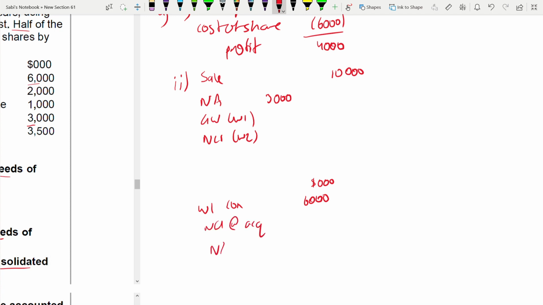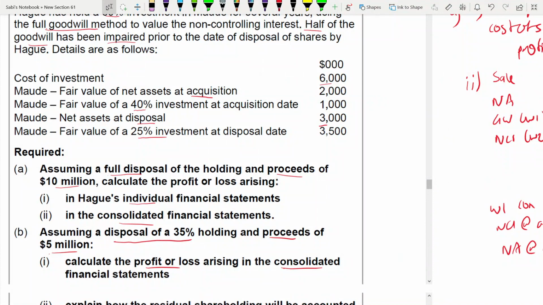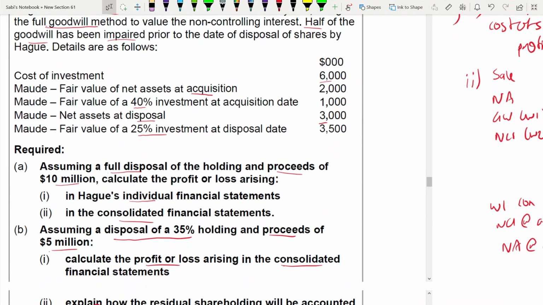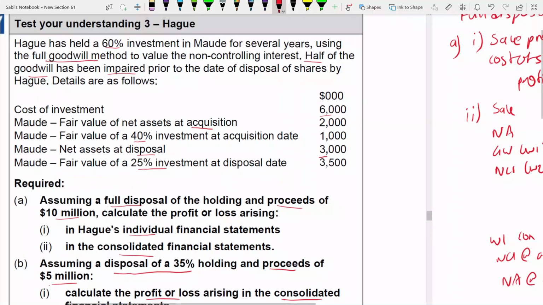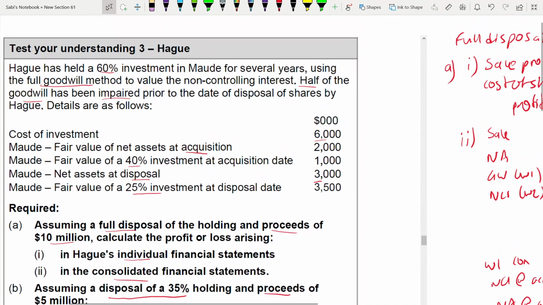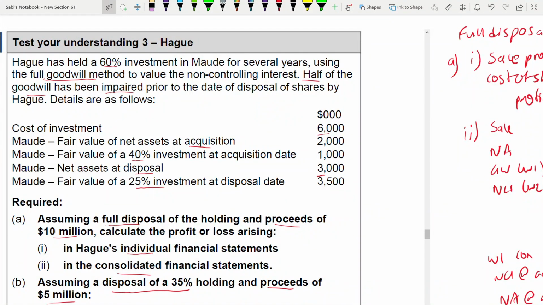They have given you the fair value of the 40% investment at the acquisition date, and this is the NCI only.